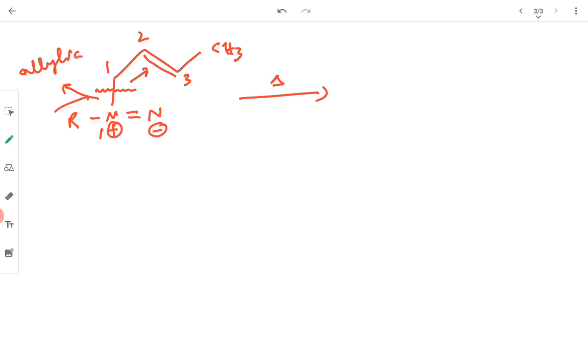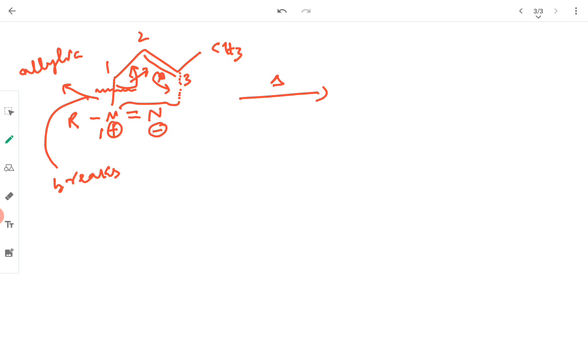So when it breaks, this sigma bond will go here as a double bond, and this nitrogen will form a bond with this carbon using these two electrons of this pi bond.